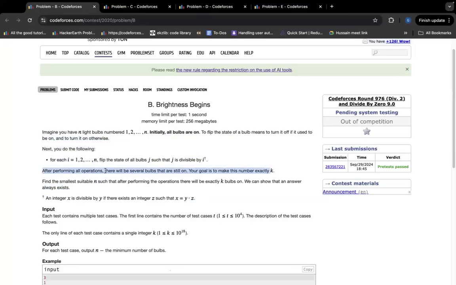After performing all operations, there will be several bulbs that are still on. Your goal is to make this number exactly k. Find the smallest suitable n such that there will be exactly k light bulbs on. We can show that the answer always exists.